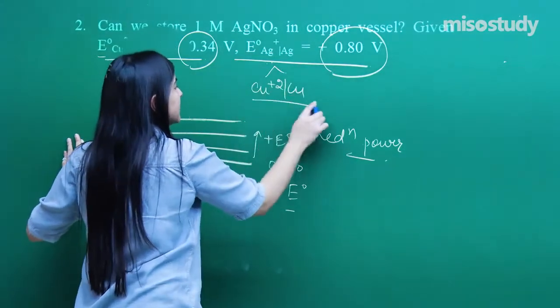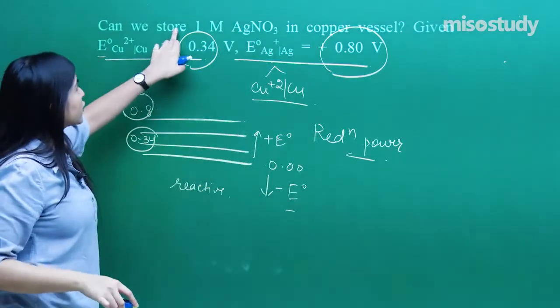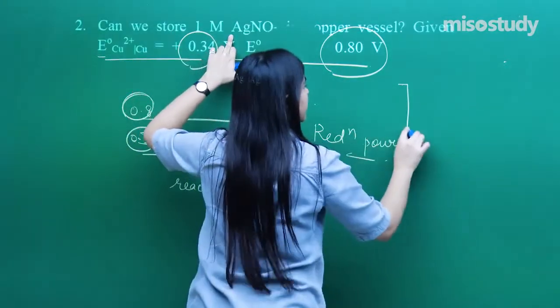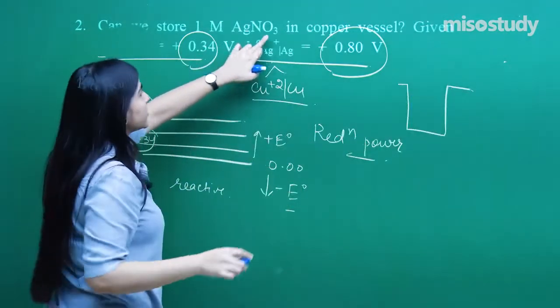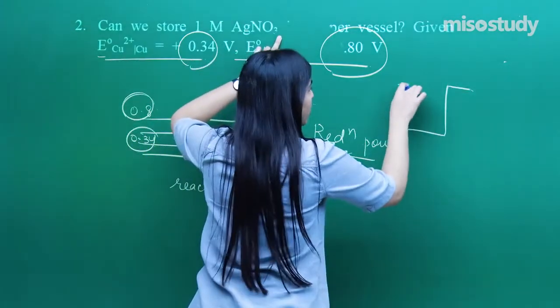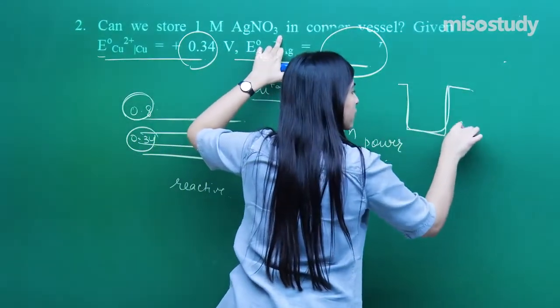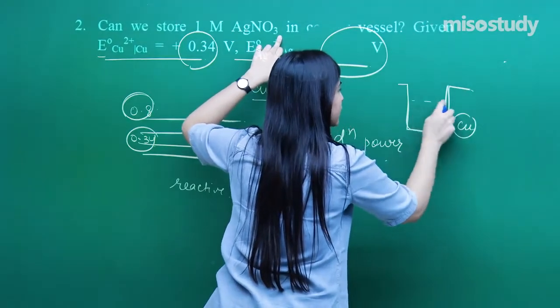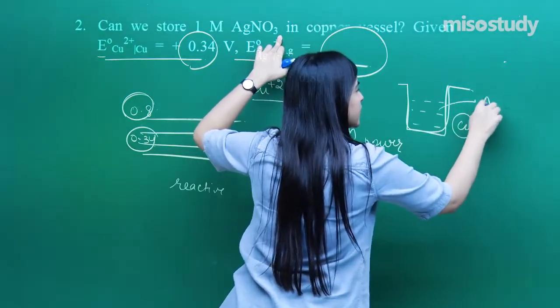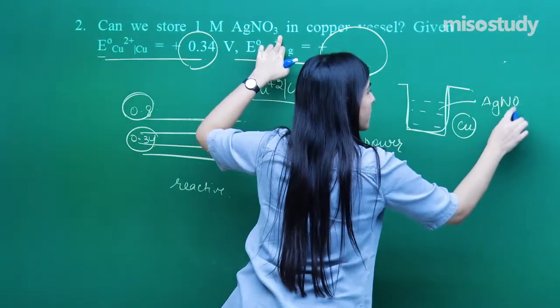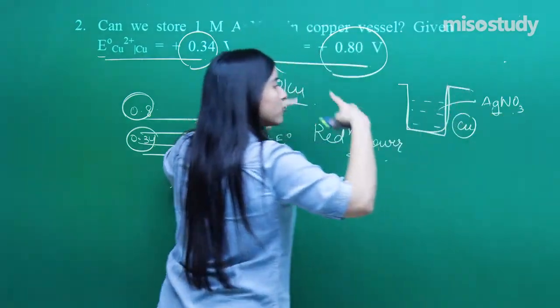That means if I store 1 molar AgNO3 solution in a copper vessel, the vessel is made of copper and the solution is AgNO3. Copper is a good reducing agent.